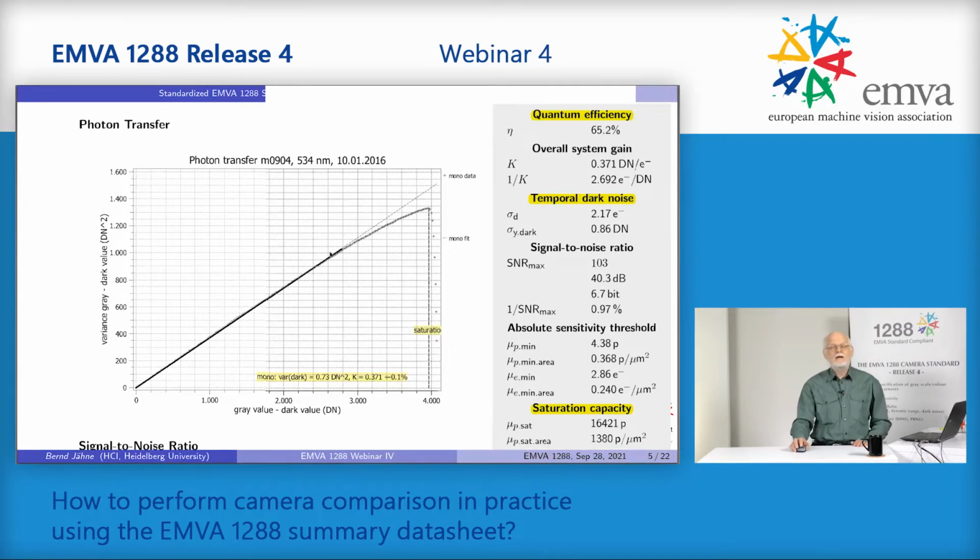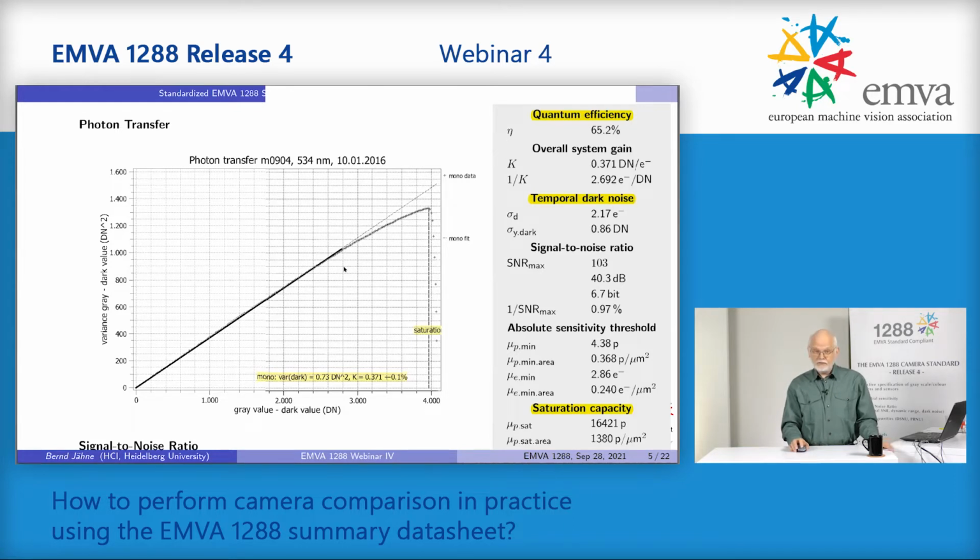So the standard anyway does this linear regression only for 70%. And if there should be a deviation from this linear behavior, then it's a clear indication: be careful, some parameters might not be accurate. I will come to that in a moment. So that is basically an indication whether the linear camera really fulfills the 1288 model, and it requires a linear phototransfer curve.